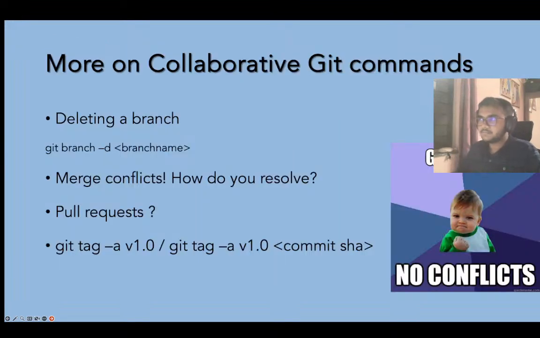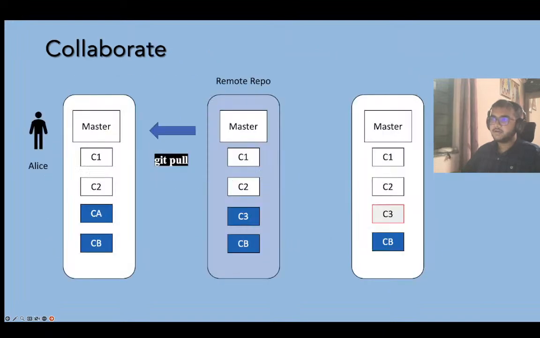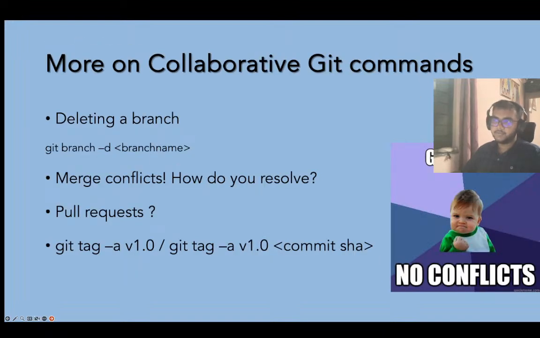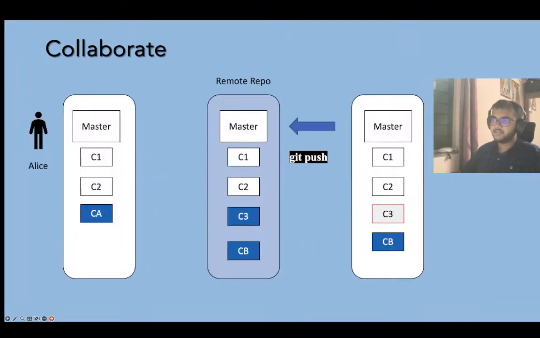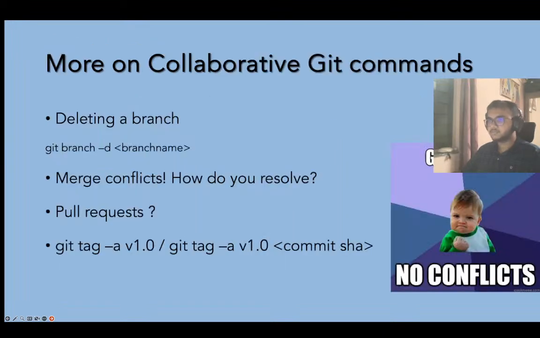And so these are some more collaborative git commands. One can also delete a branch if they want to. For example, if they don't want to use the change that has been made by Alice, they can just do git branch and then delete it.